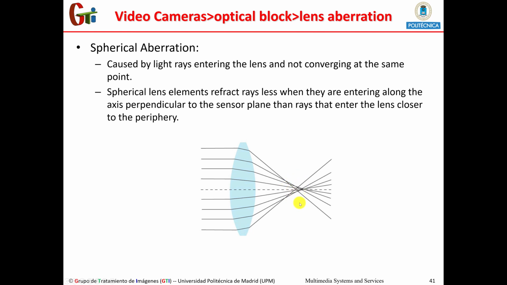It's similar to the previous aberration, but in this kind we consider the rays across all the wavelengths and not the wavelengths independently. This phenomenon is produced because the spherical lens refracts less the rays in the center area of the lens than those entering at the edges of the lens.